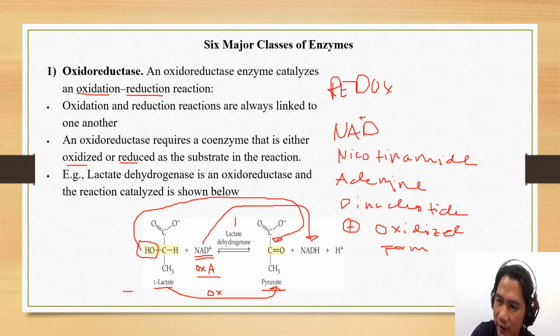NADH still stands for nicotinamide adenine dinucleotide, but the H represents hydrogen, meaning the NADH is now in the reduced form. NADH is nicotinamide adenine dinucleotide in the reduced form.